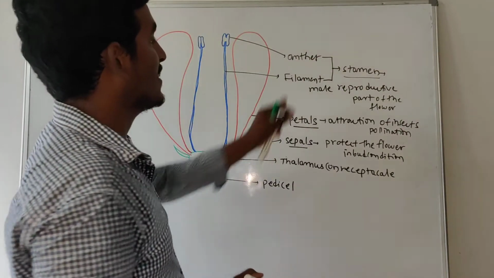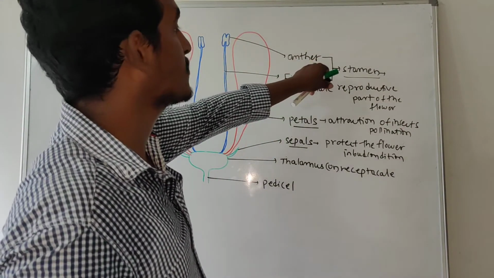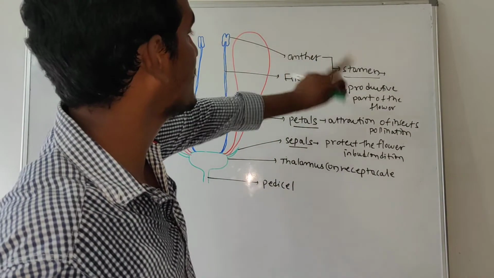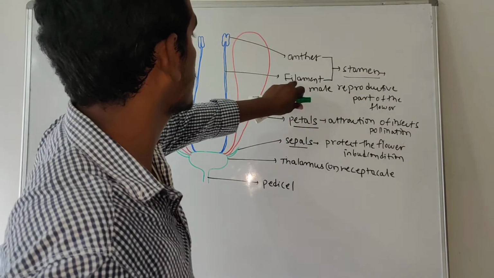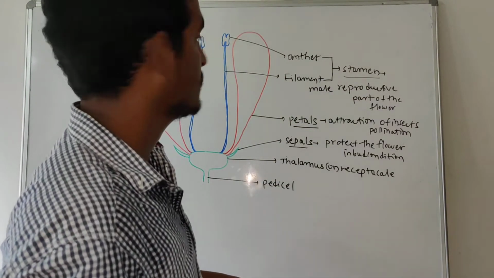What is the function of the anther? It helps to produce the pollen grains. What about the filament? It gives support to the anther.